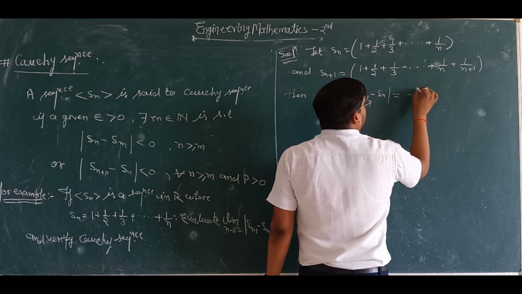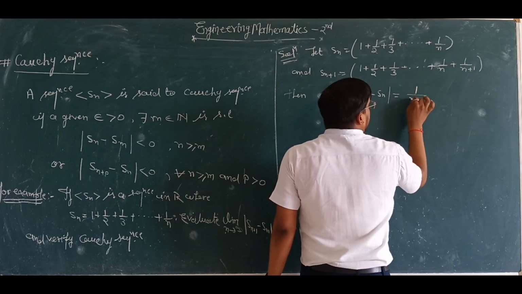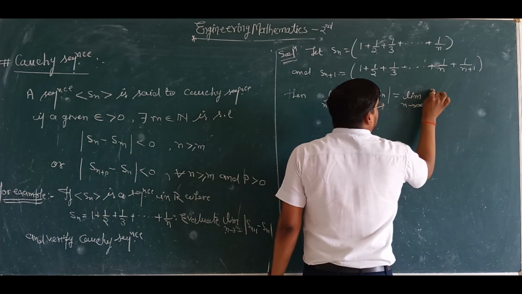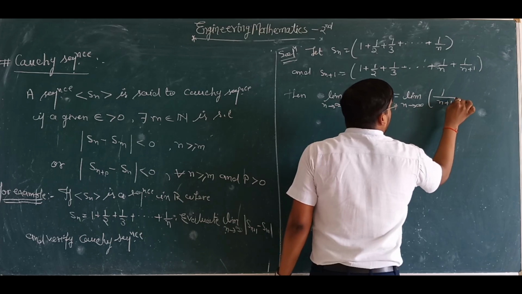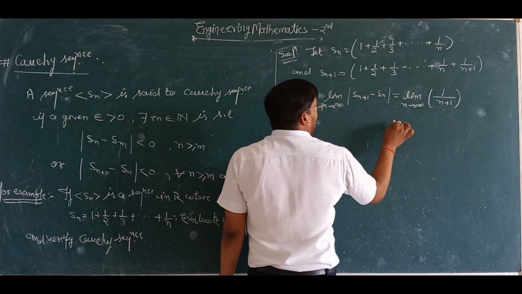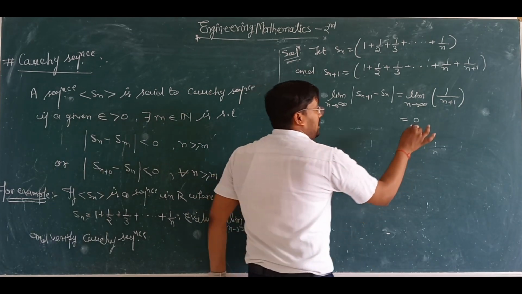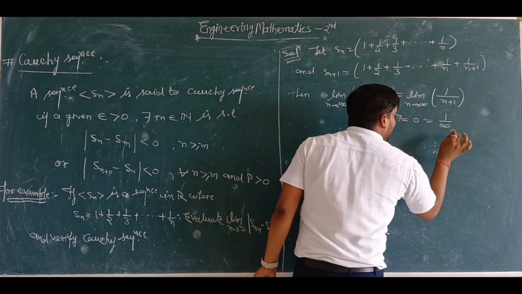1 upon n plus 1, so you can write limit n tends to infinity 1 upon n plus 1, and the value of this is equal to 0. Now this 0 is equal to 1 upon infinity.